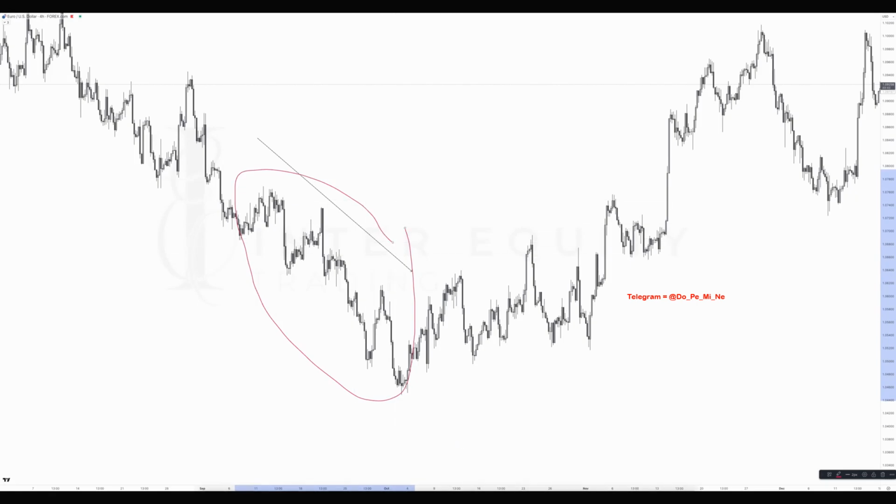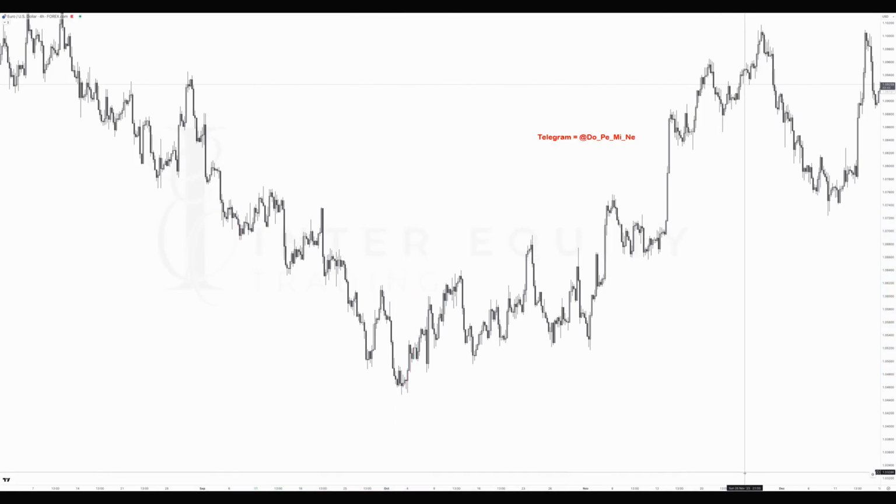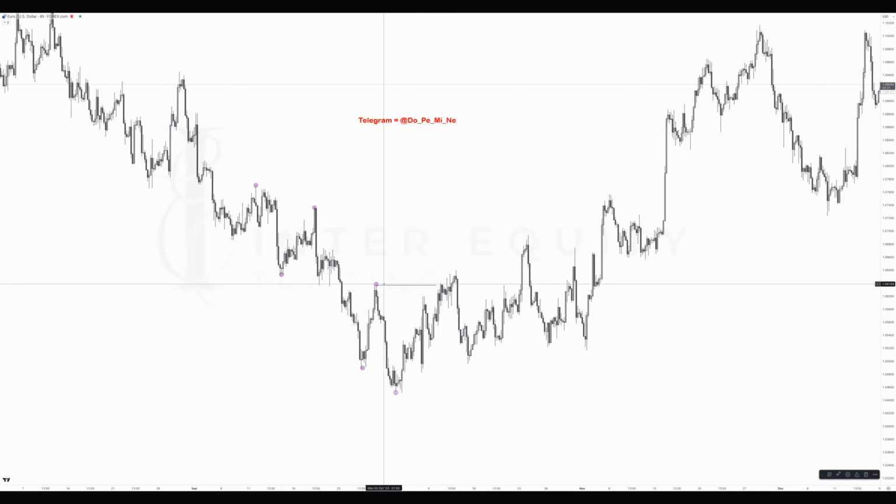Price is currently bearish, and then what happens is price breaks above the lower high. So this is a high, this is a lower high, lower low, lower high, lower low, lower high, lower low.